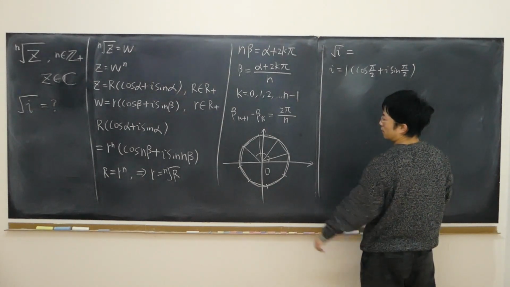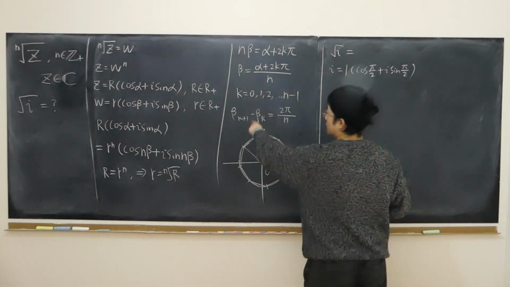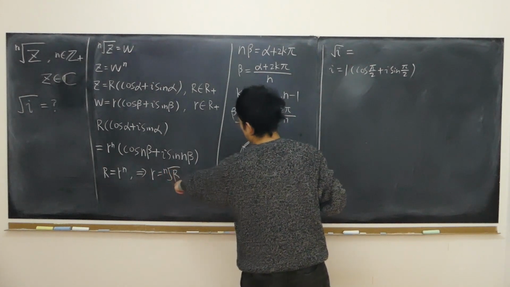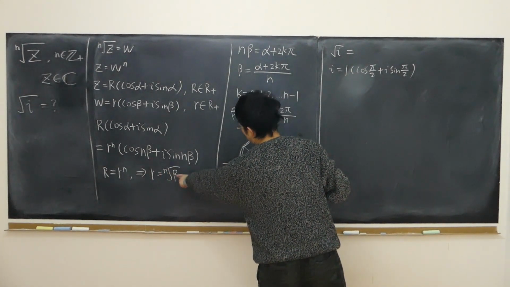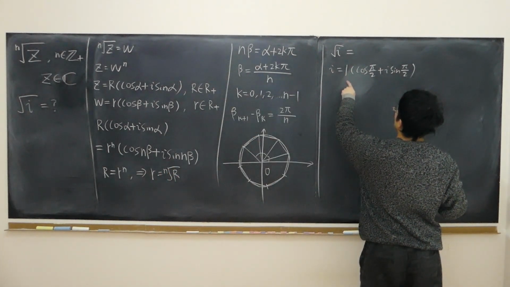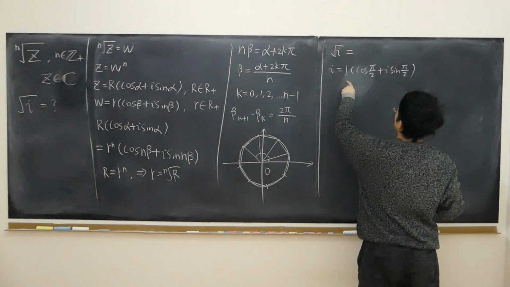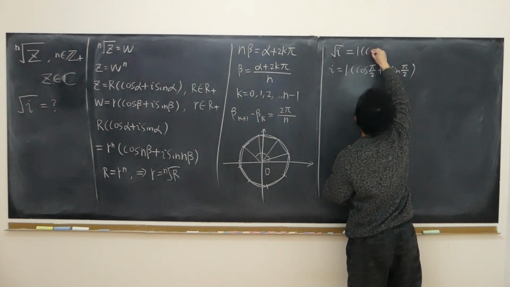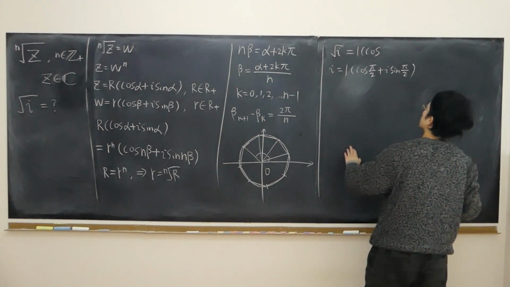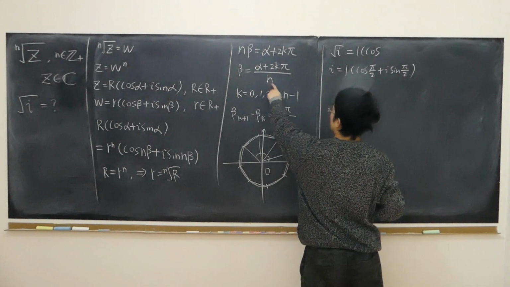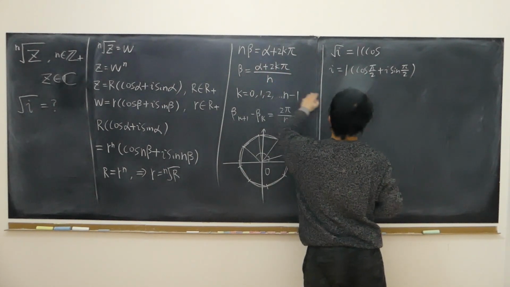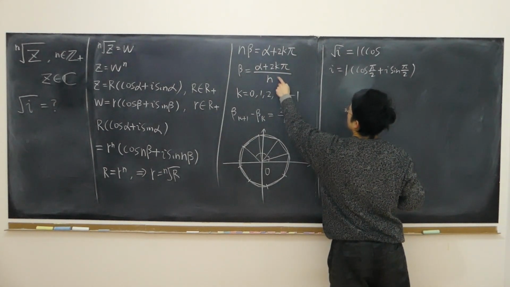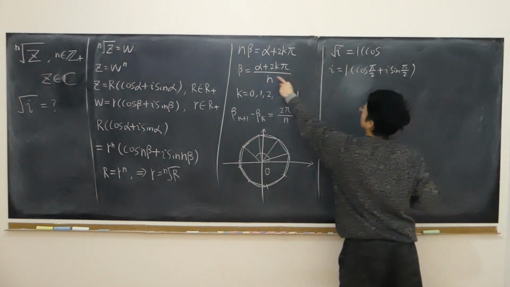So, according to our formula, the little r is the nth root of capital R. Capital R is 1. The square root of 1 is just 1. 1 times cosine, what's the angle? Angle beta is equal to this when n equals 2. Alpha is pi over 2.